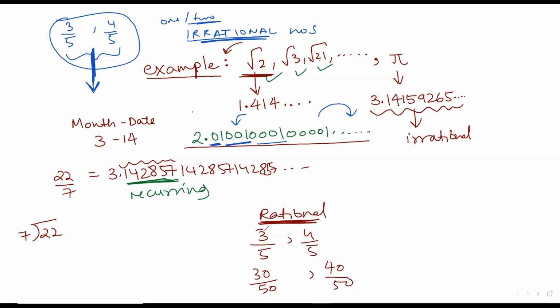This is just the same thing. 3 by 5 is the same as 30 by 50. So then we said, there are a lot of fractions between these two, 31 by 50, 32 by 50, and so on. These are rational numbers lying over here in this area. But then the thing about irrational numbers is that they can't be represented as fractions.